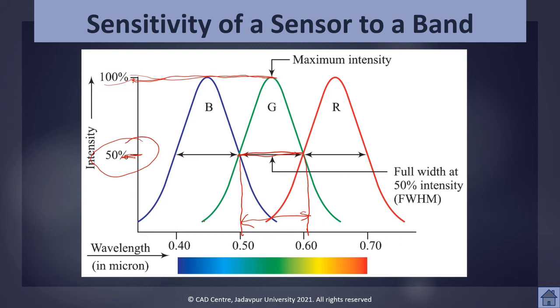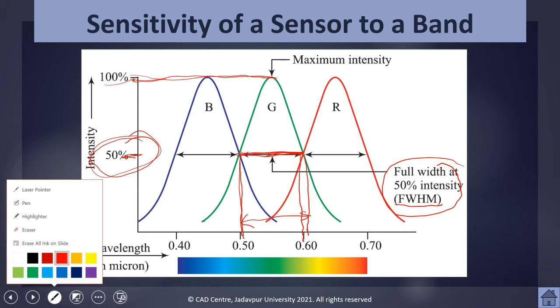This is the maximum, this is the half maximum, and we are considering the full width of the intensity curve at half maximum to determine the bandwidth. This bandwidth is applicable for the intensity as well as the sensitivity of the sensor. So, this is called the full width at half maximum, or FWHM, criterion to determine the bandwidth for a specific band.